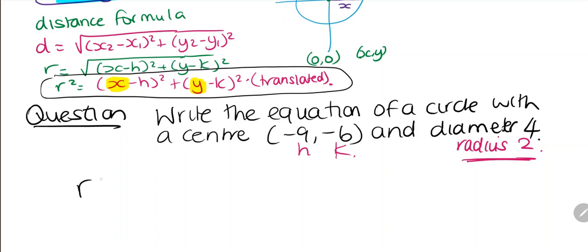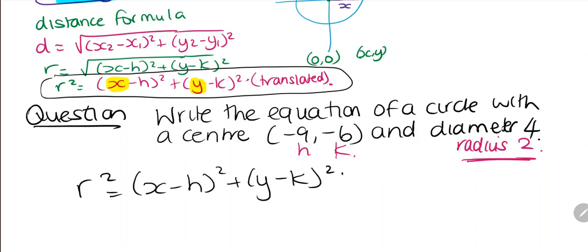So r squared is x minus h squared plus y minus k squared. H is -9, but we want minus h. So it's going to be +9, so it's going to be x plus 9 squared.